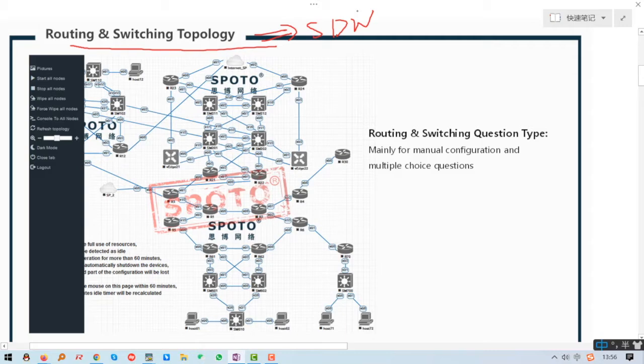Routing and switching mainly assess candidates through artificial configuration and multiple choice questions. So today we mainly explain the relevant knowledge points and their application in the EI lab.